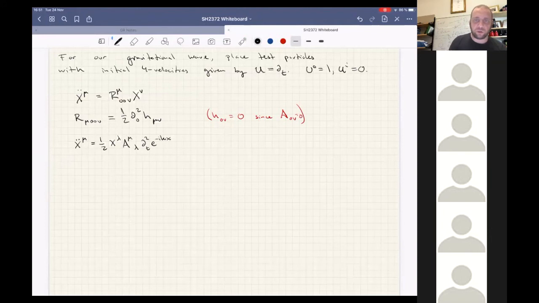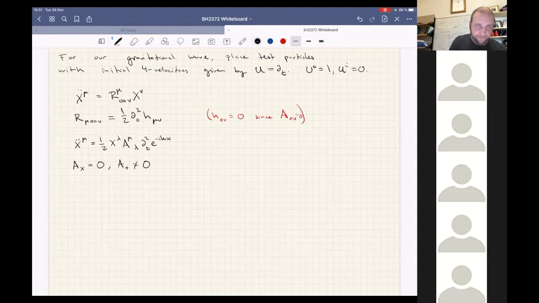So what we're going to do is the following. Let me use x cross equal to 0 and a plus equal to something non-zero, so that I only have one of the polarizations.